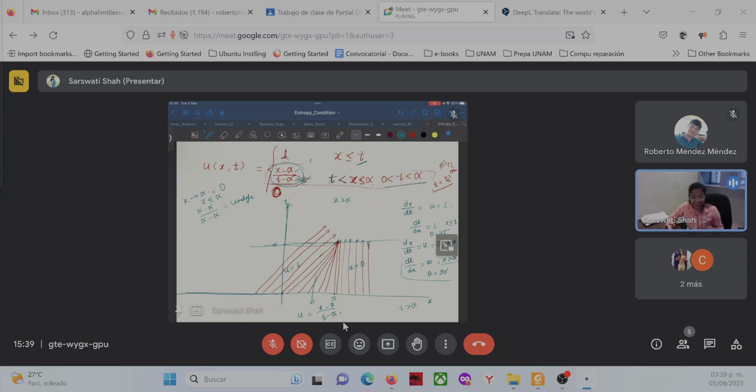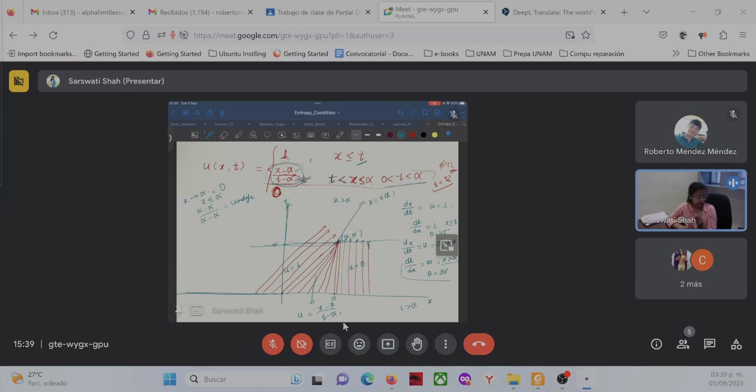But since alpha is also defined, we cannot simply say x equals t. We need to find that line, because that line is passing through (alpha, alpha). Alpha comma alpha is the point of discontinuity. What will be the equation of that line, x equals x of t?